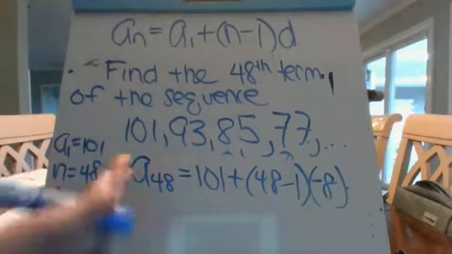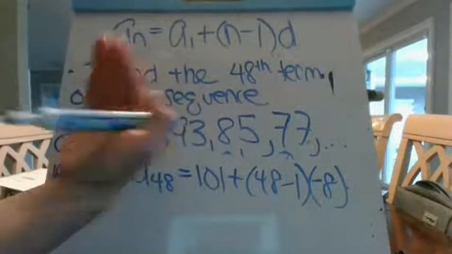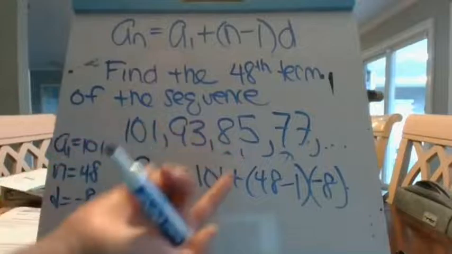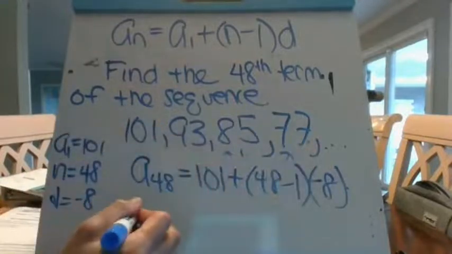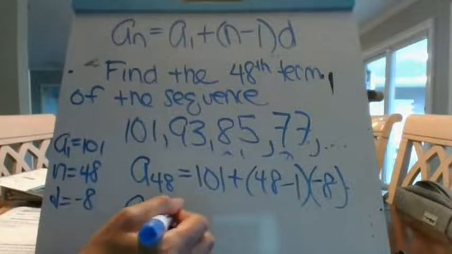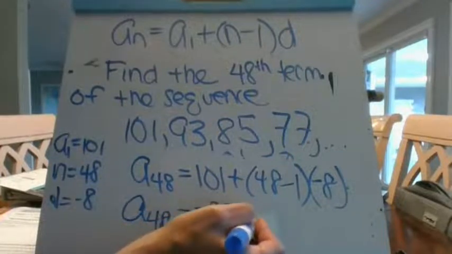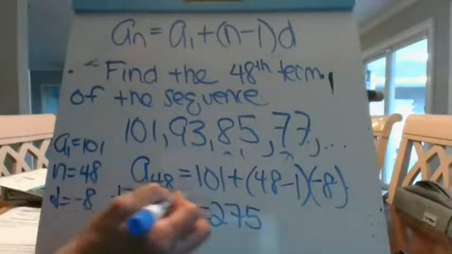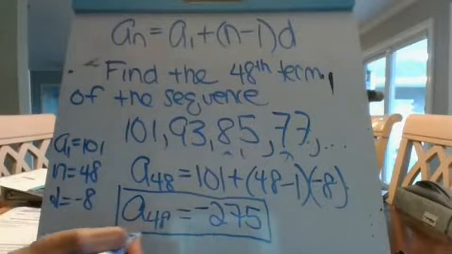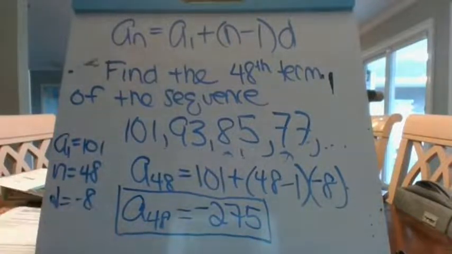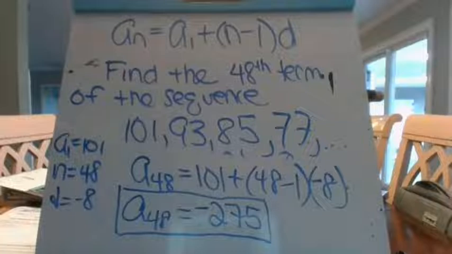All right, so I know that my 48th term has to be smaller than my first term because my sequence is going down. So it shouldn't be a surprise that when you calculate this, you get negative 275. Because at some point, if we keep going down by 8, we have to pass the 0 and get into the negatives. All right, so we're going to give you a few of those to try.